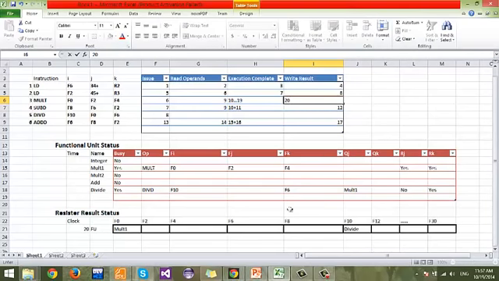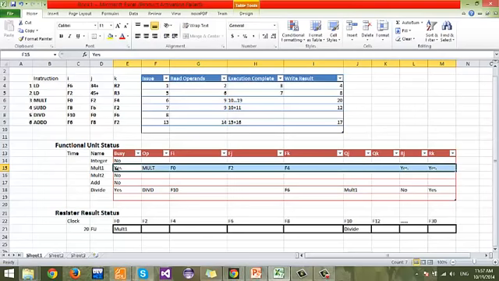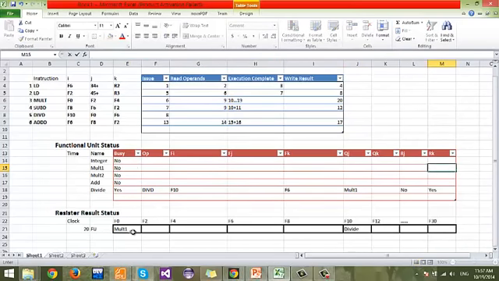That means at the end of clock cycle 20, mult 1 will complete its operation. So it will become free.